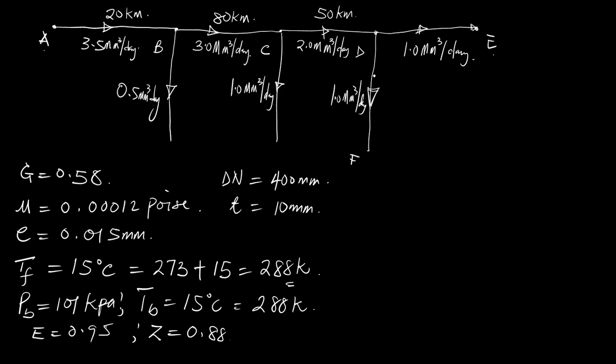Now for DF, the nominal diameter is 200 millimeter, and the wall thickness of DF is 6 millimeter.